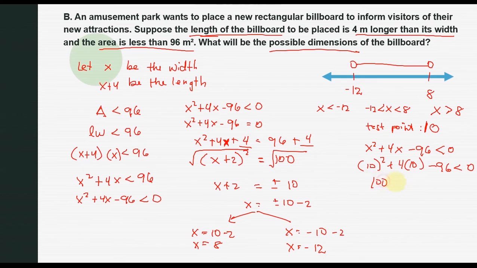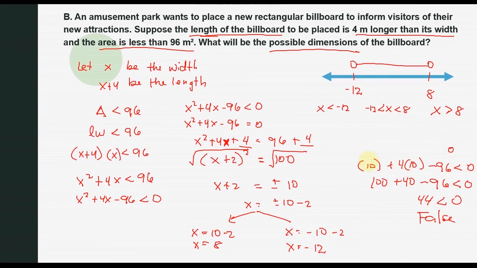That's going to be 100 plus 40 minus 96 is less than 0. Combining the numbers, we have 44 is less than 0. Is this true or false? Of course, this is false. So no need to draw a line.